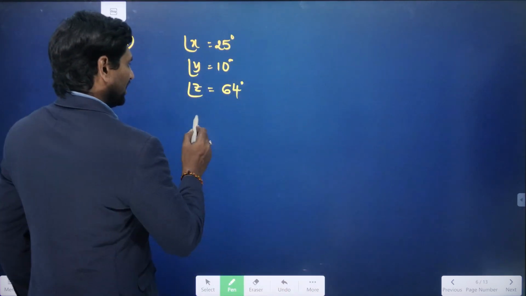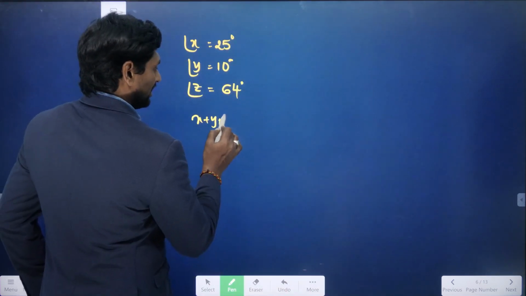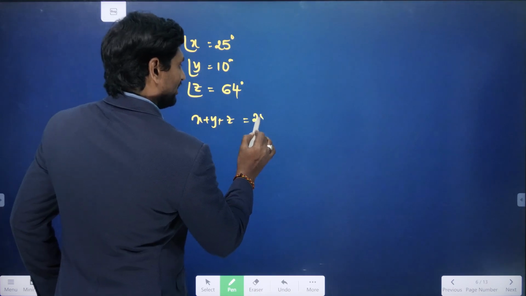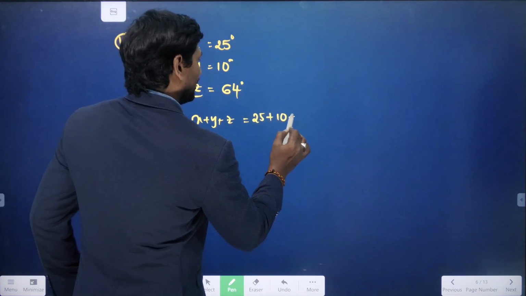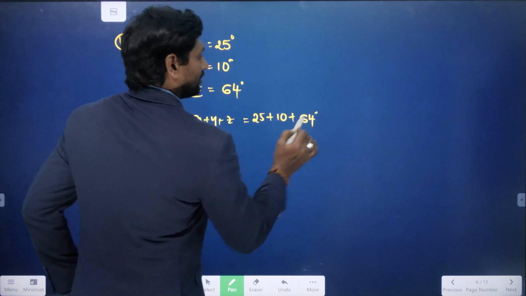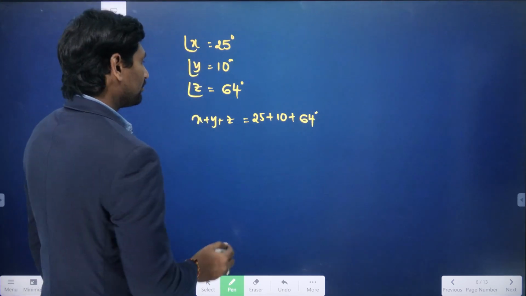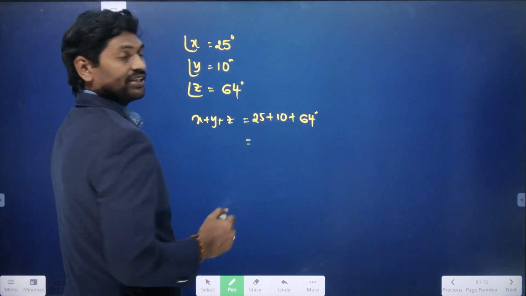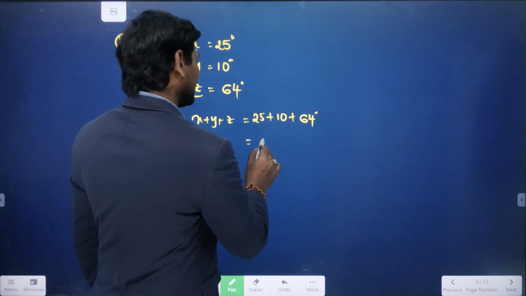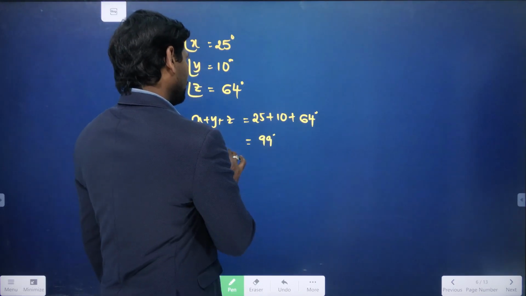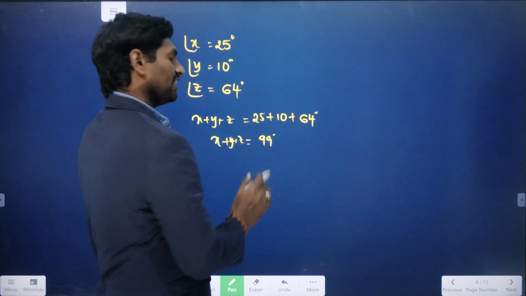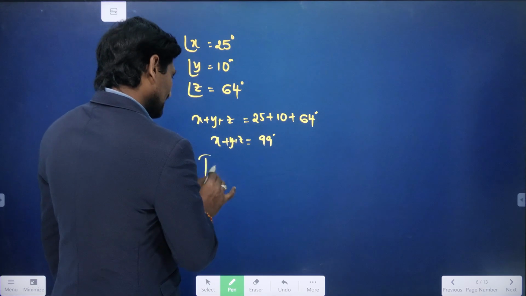Then we need the reflex angle of X plus Y plus Z. So let us find X plus Y plus Z first. X value is 25, Y value is 10 and Z value is 64. Add all of them. 64 plus 25 is 89, plus 10 is 99 degrees. So X plus Y plus Z equals 99. What about the reflex angle?